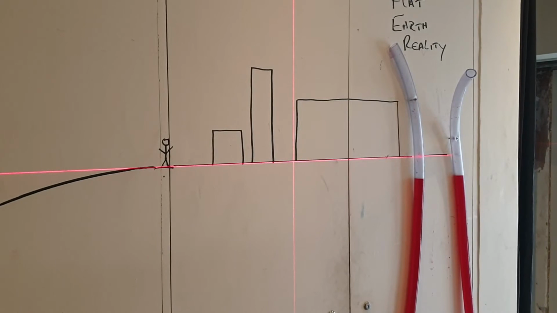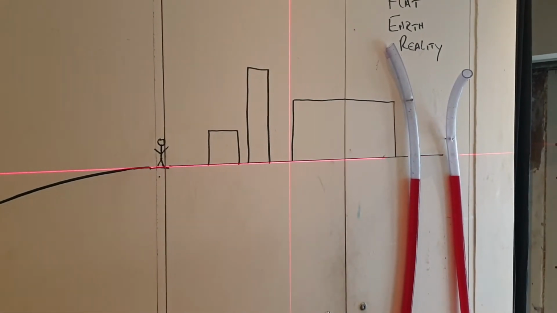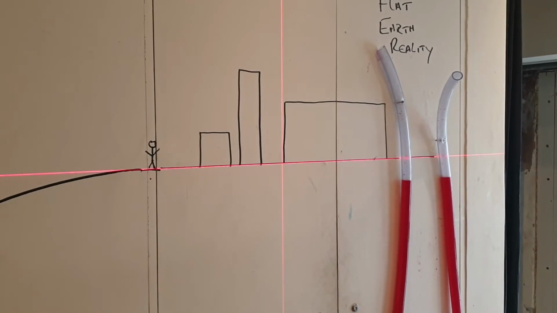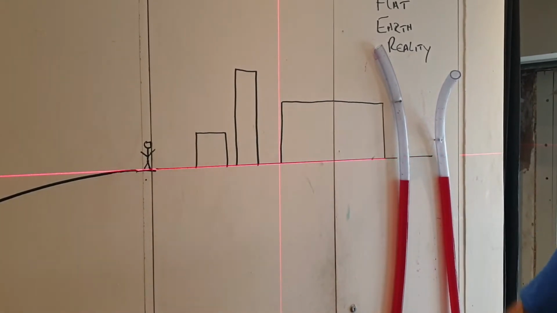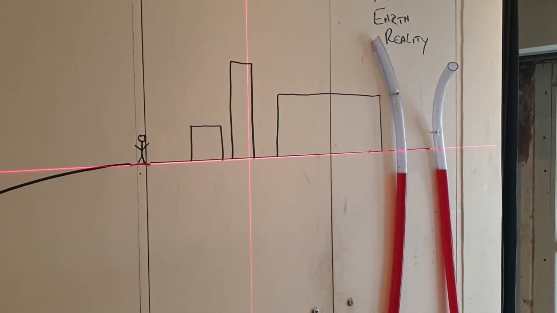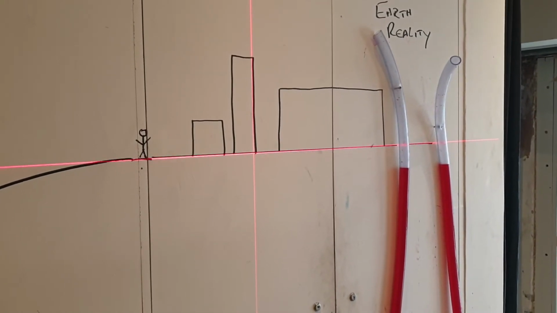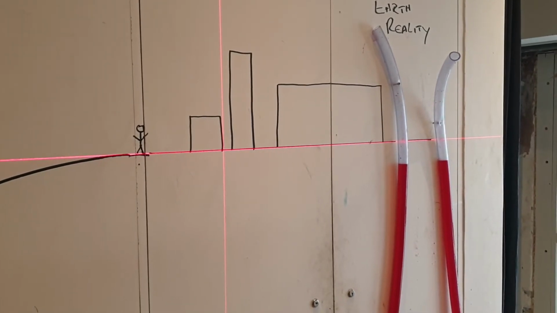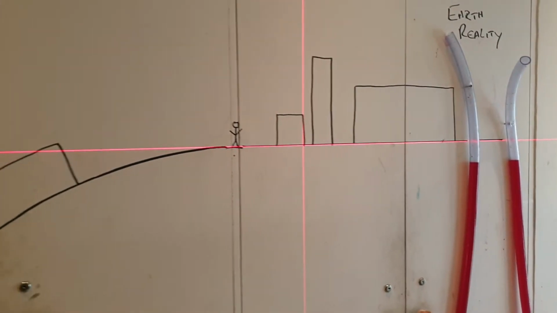Something like that. Just as an example, my drawing is not 100% because the laser proves it. Then we could check it on our taller building and our smaller building.